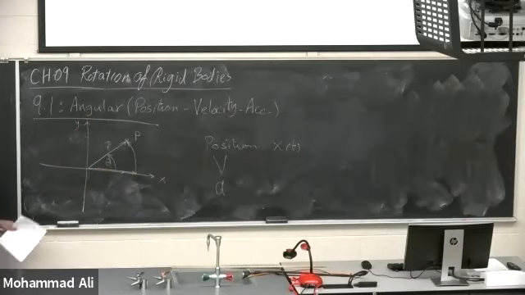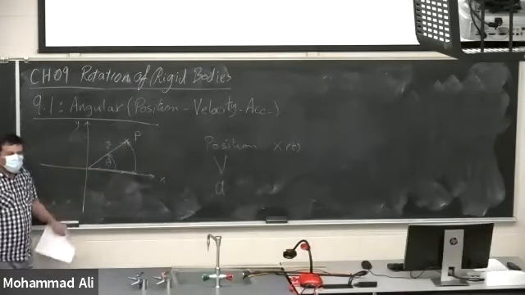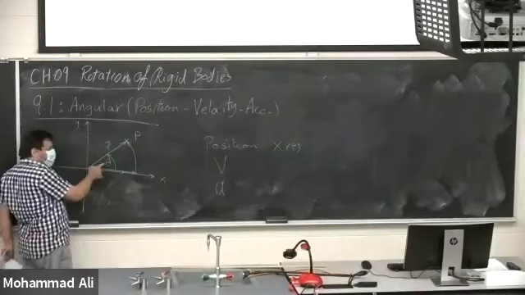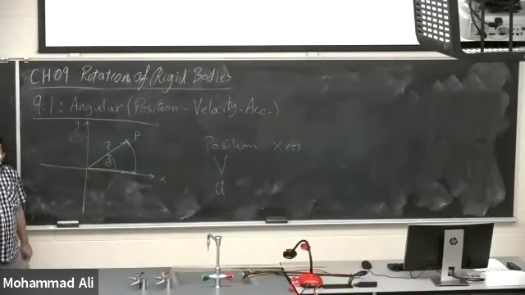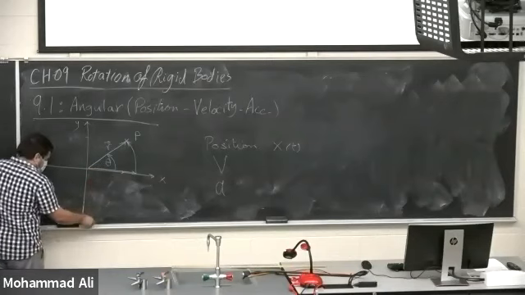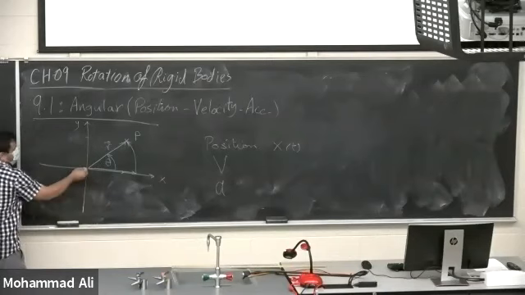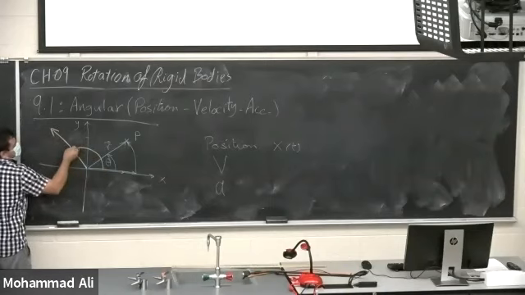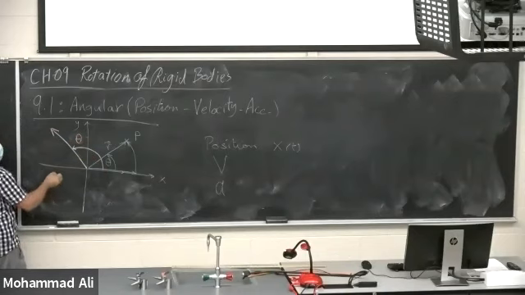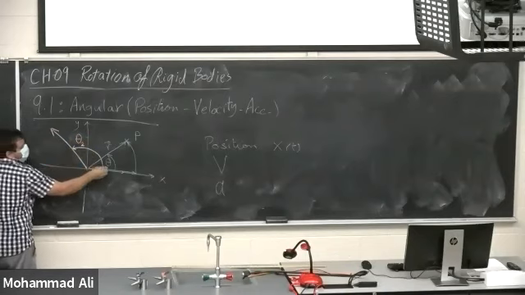So this point now, its position is r and theta. If I have another vector, for example, this, so this is another theta. I can name it theta 2. This is theta 1.